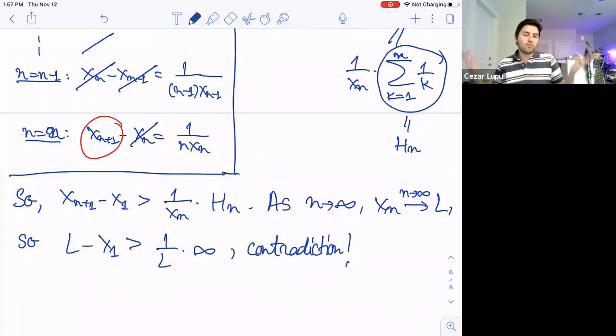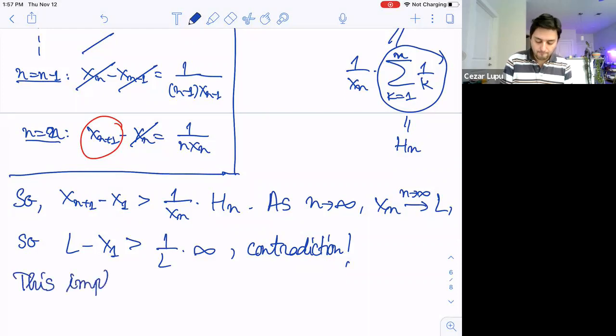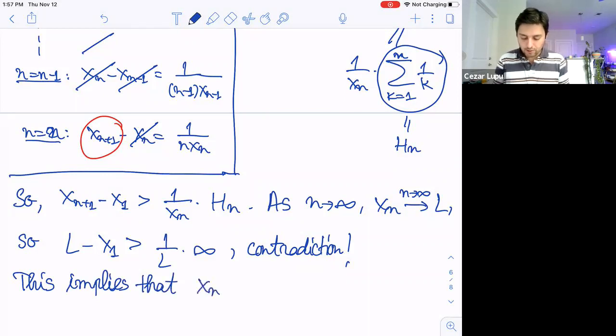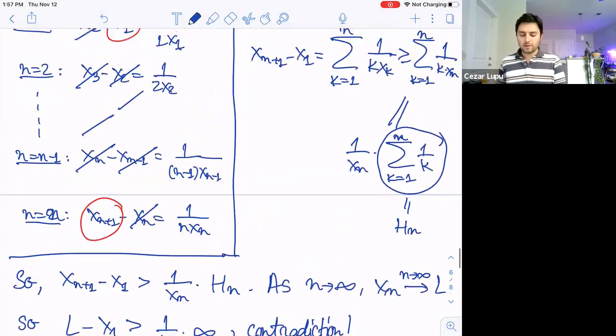Because it would follow that Hn is bounded, which is not true. Hn is unbounded, it diverges to infinity. Okay, but now we're asked to prove this.